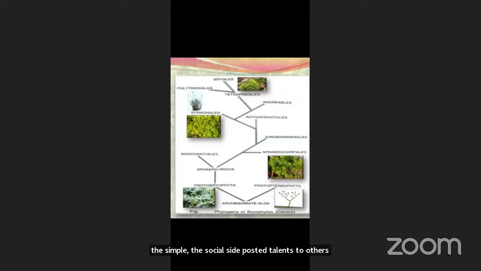Histological structures means the internal structures, tissue-like structures, anatomical characters. So that is the primitive structure of the gametophyte. This is very simple, dorsiventral prostrate.